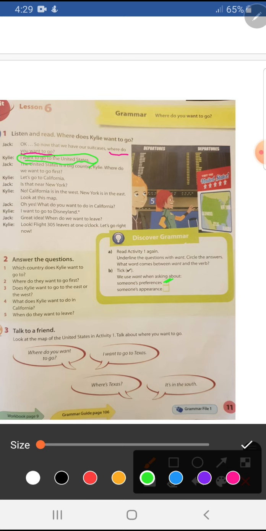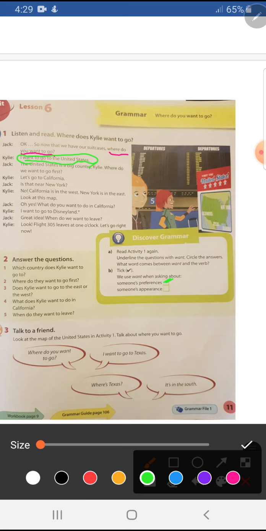So, the main idea of the text is that Jack and Kylie discussed traveling to the United States, and Jack asked Kylie where she wants to go.